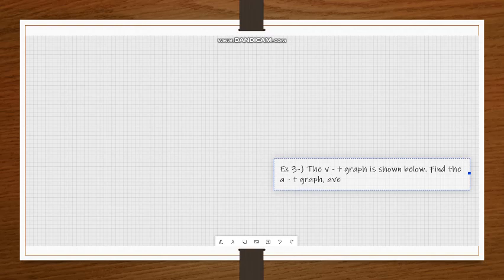Average speed again. Average speed and distance traveled for the 0 to 48 second interval.